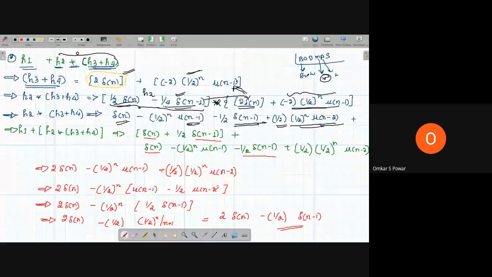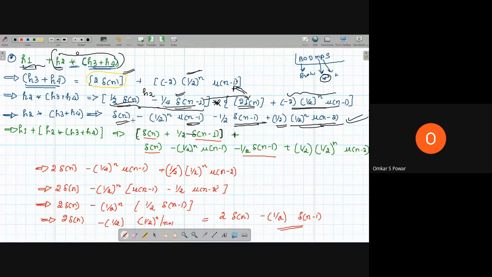Then finally what we have to do, take this h1 and add all the other terms. So your h1, which is given as del of n plus half into del of n minus 1, plus your previous terms: del of n minus half power of n into u of n minus 1 minus half into del of n minus 1 plus half into half power of n into u of n minus 2.